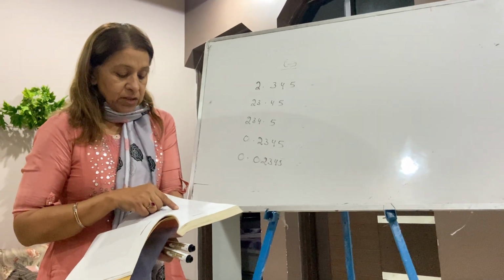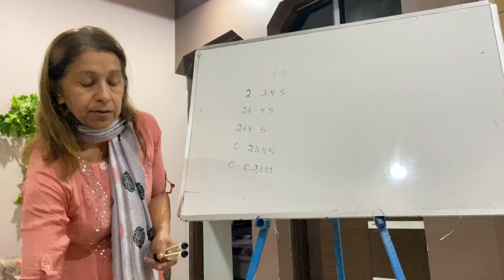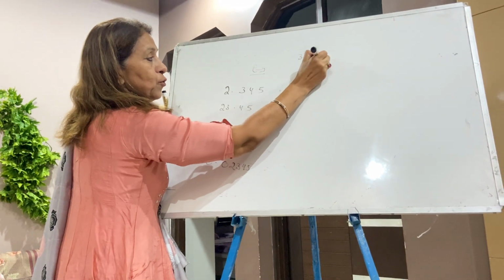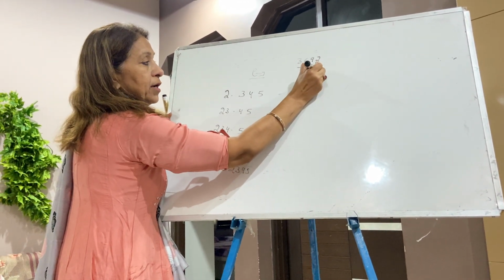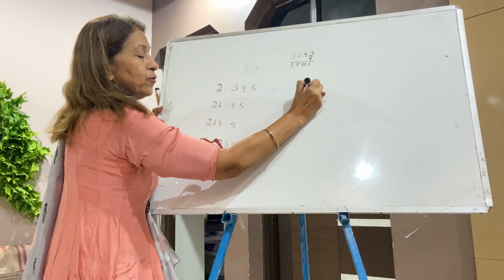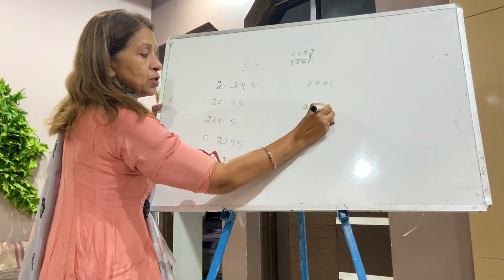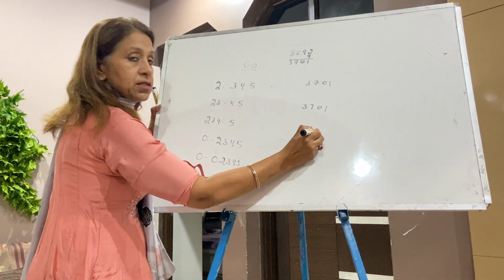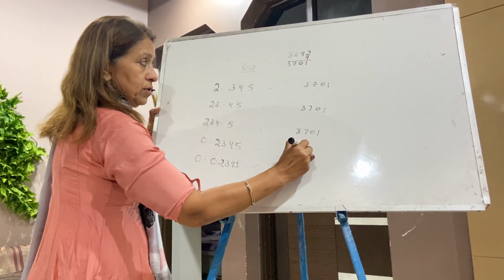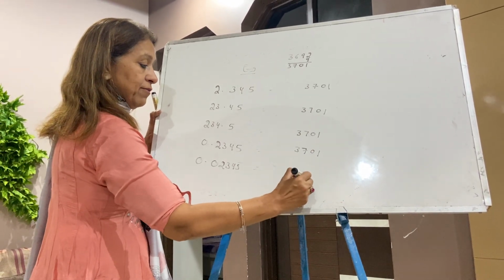Add 9 to this: 3692 plus 9 becomes 3701. Write down 3701. In each case, the log digits are the same, because 2.345, 23.45, 234.5 all give 3701. And it is again the same 3701.